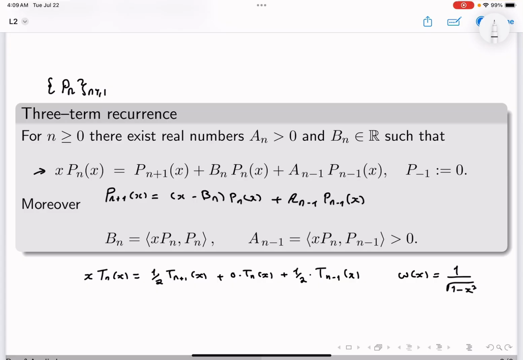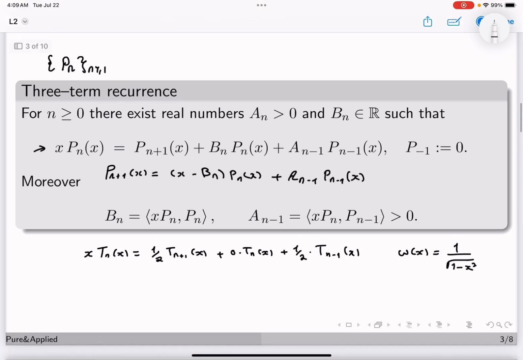And I want to change this a little bit and write it as a continued fraction. And here's what I'm going to do. First of all, we can multiply by 2 and rearrange the terms. So we can rewrite things as such: T_{n+1}(x) is equal to 2x T_n(x) minus T_{n-1}(x).